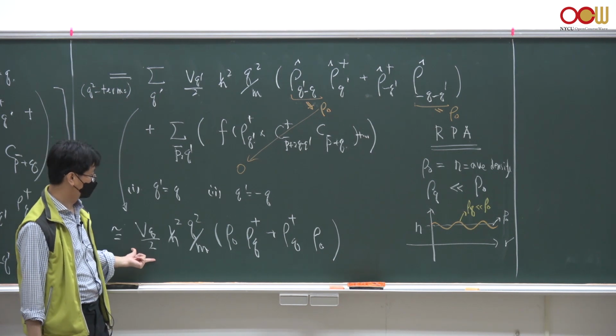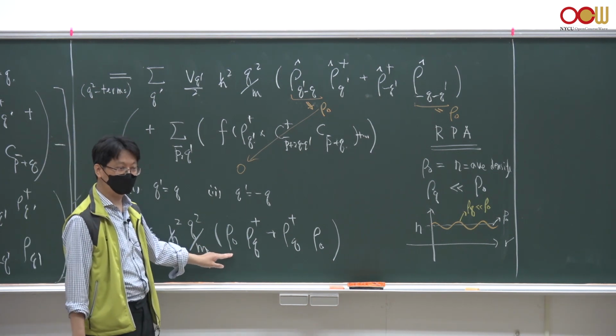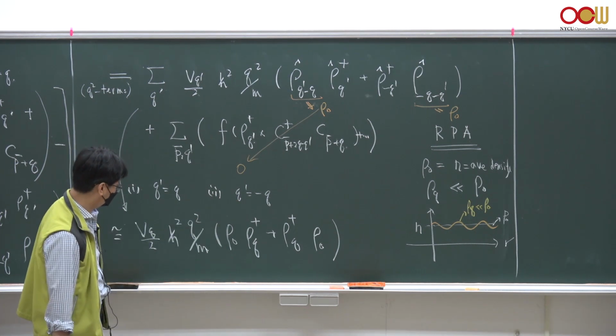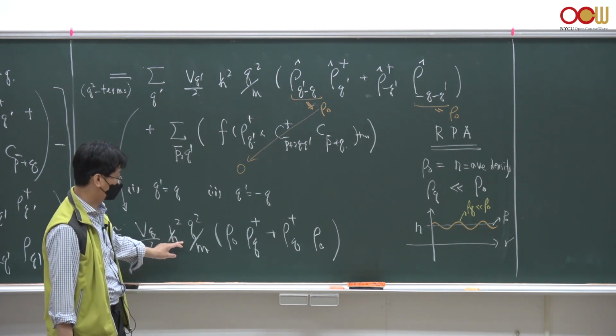There's no summation. So now you see the magic. Because rho 0 is just a constant, independent of anything, but it depends on the mass and the density of electrons and so on and so forth. But it doesn't depend on Q.